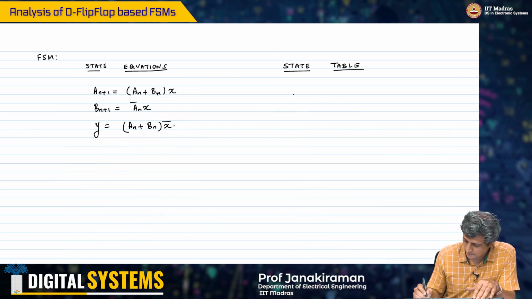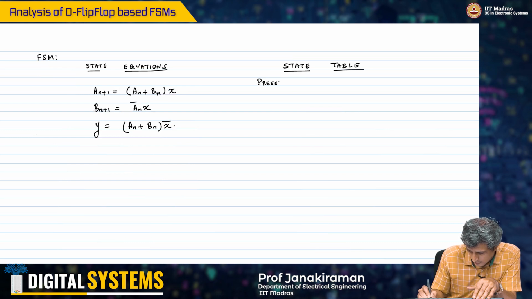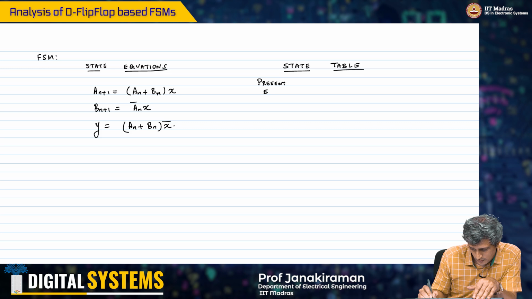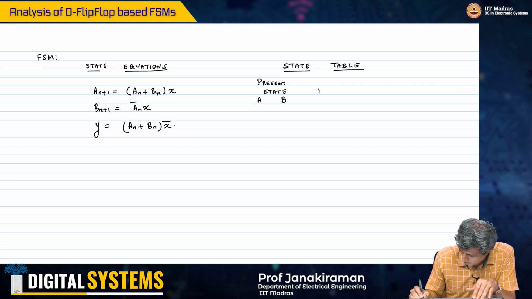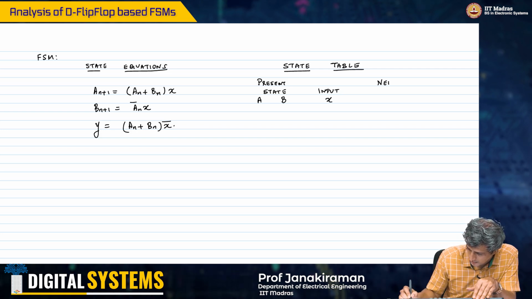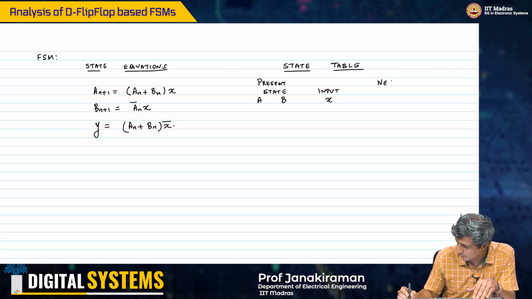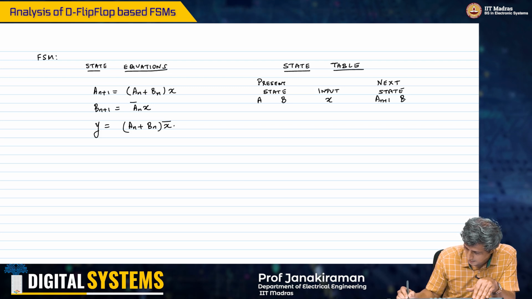And therefore I will say present state, A and B. Then I am going to call the input X. Then it will determine next state, that is A n plus 1, B n plus 1.